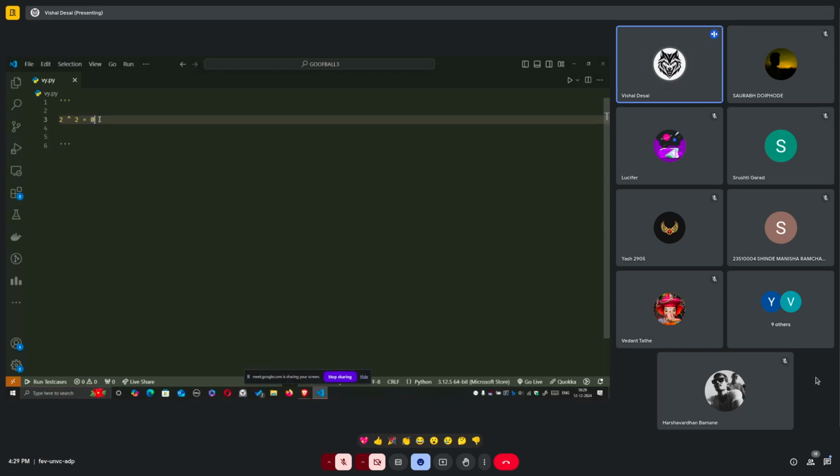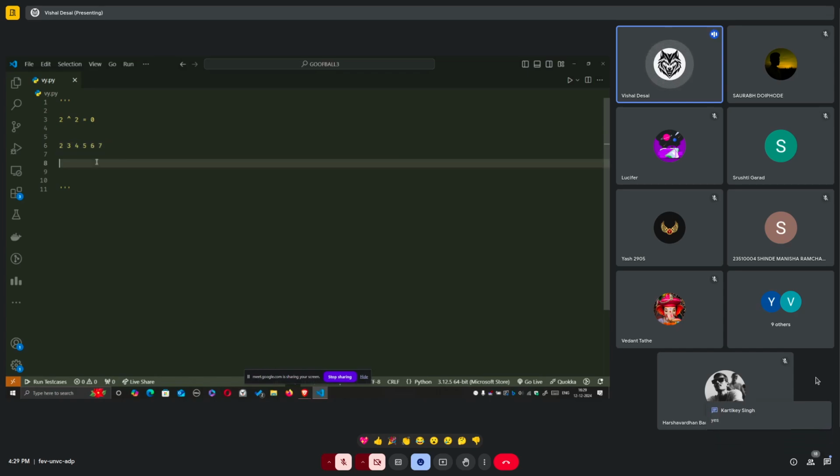If 0 lies between L and R, then print yes, or print no. Else, what will be our next case? Let's say that every element is distinct, that is 2, 3, 4, 5, 6, 7. So here, every element is distinct. So we have to travel n square times, right? The iterations will be n square.